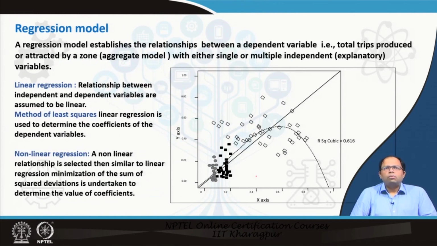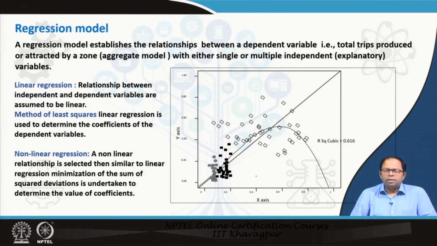Alternatively, the more popular way is to develop a regression model. A regression model, as we discussed in the previous lecture, establishes a relationship between a dependent variable and independent variables, or it could be a single independent variable as well.